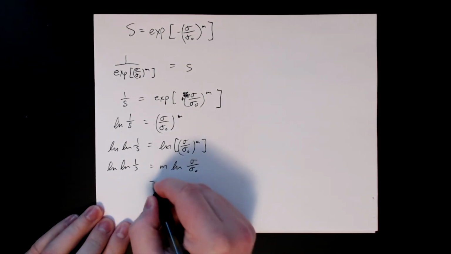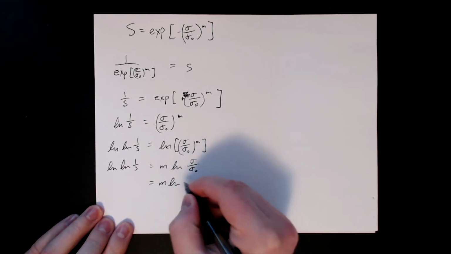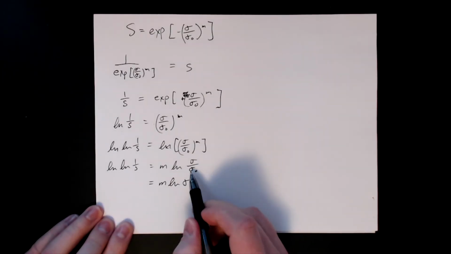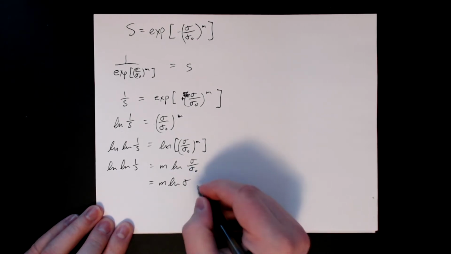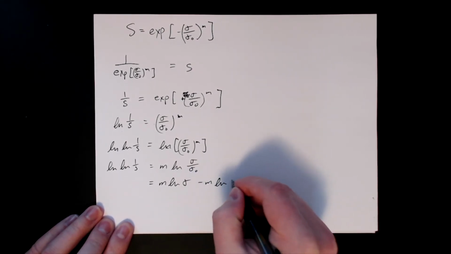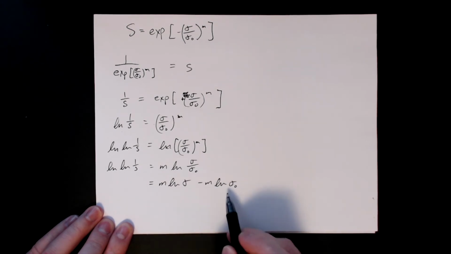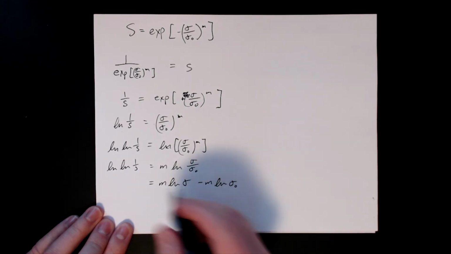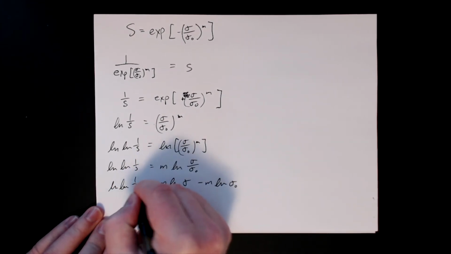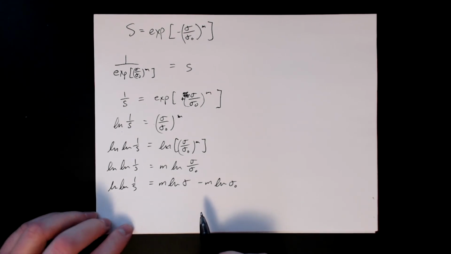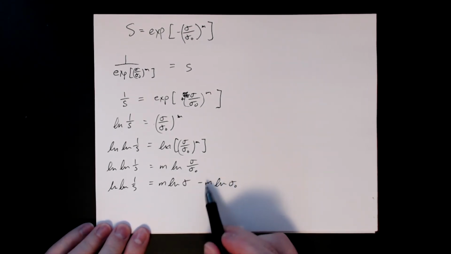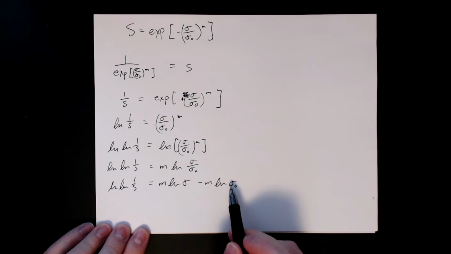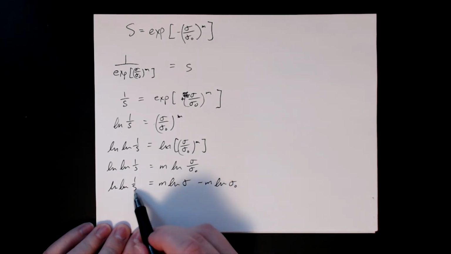I'm going to expand this out, m natural log sigma, and then these are divided so I can subtract them. So this is m natural log sigma naught, right? Just using the log rules, we can do that as well. Take the subtraction of something that's divided, and I still have this. At this point, this is a constant, this is our variable, and then this is our other variable.